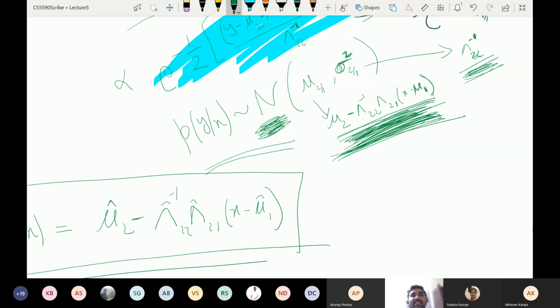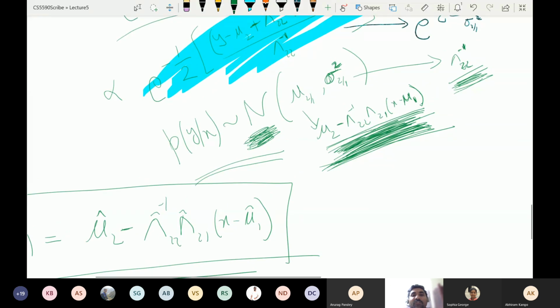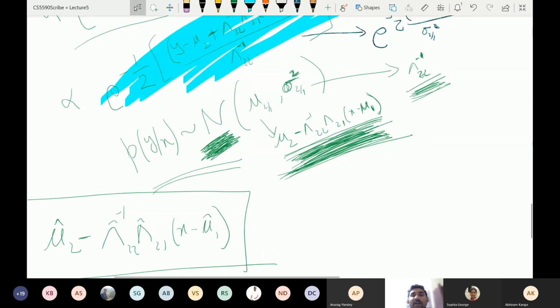Otherwise, you can imagine nasty cases where for some x's it is a normal distribution, for some other x's it is a chi-square distribution, or for other x's it is an exponential distribution. So in a general model, anything could happen, right? But fortunately, if you start with nice models for the joint, the posterior distribution form will remain the same for every x. And at each x, they only differ in the parameters.